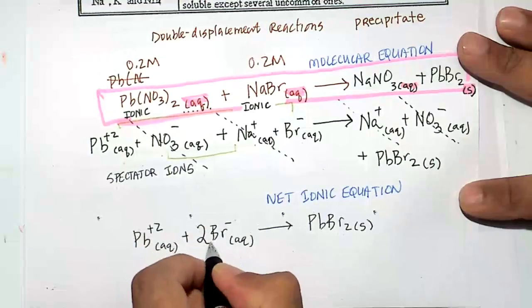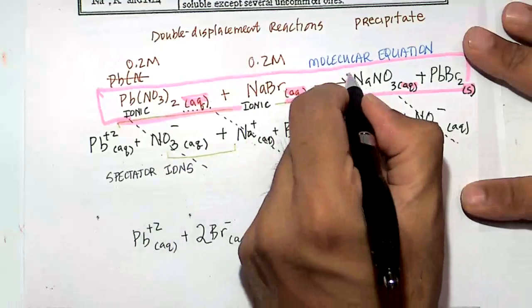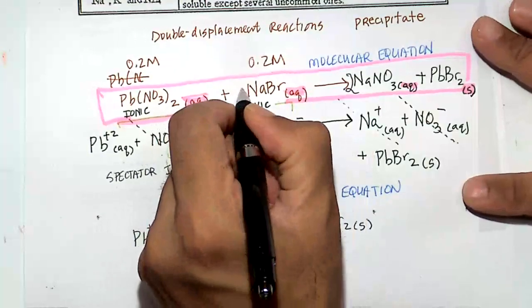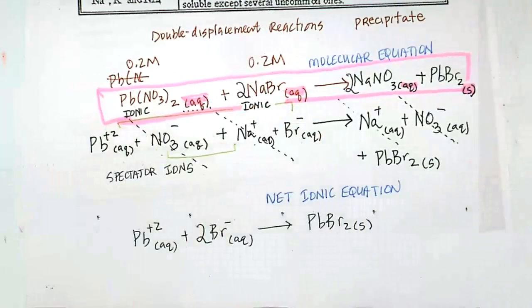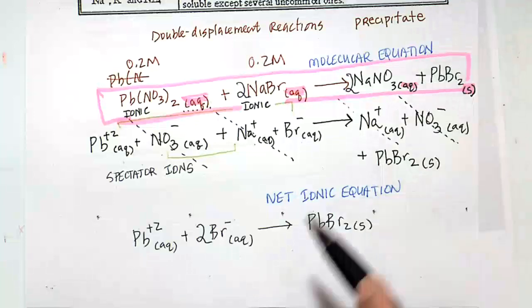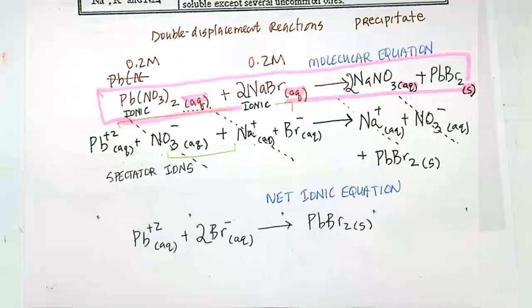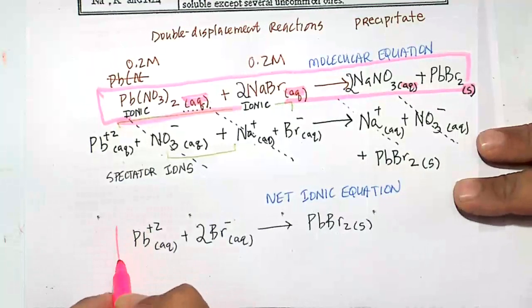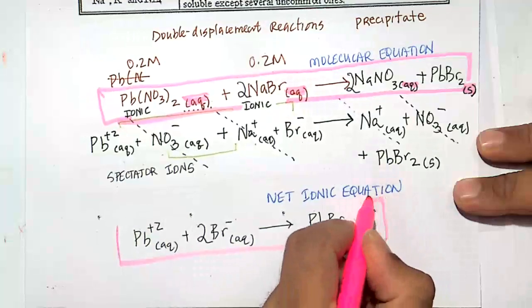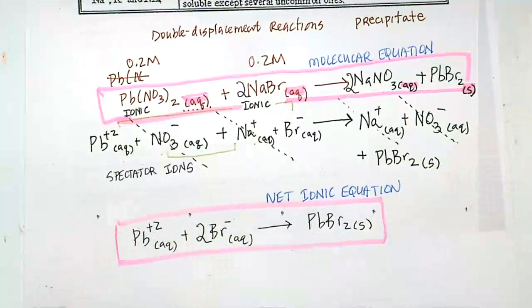Okay, and we want to balance this. Okay, and we want to balance our molecular equation as well. Okay, so don't forget to balance. All right. So that is the identity of this white solid that you see here.